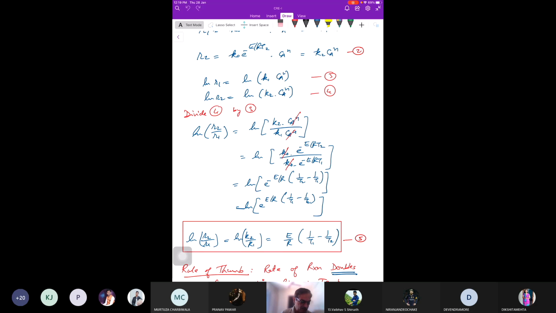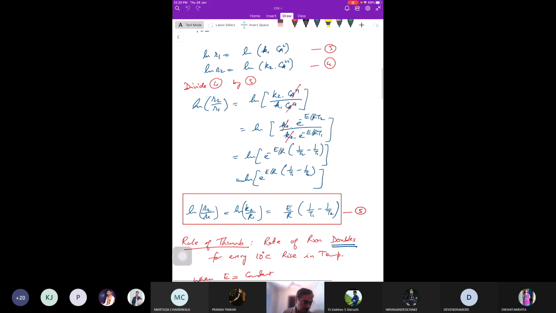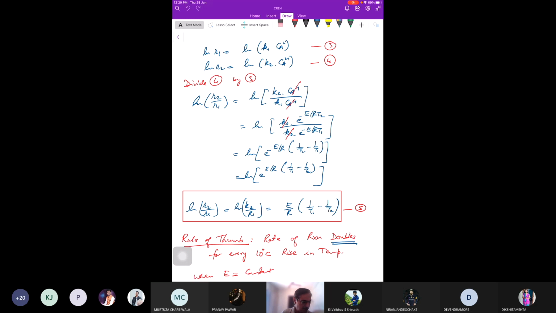Now we can take the minus sign inside. We get ln of e raised to the power of E by R bracket 1 upon T1 minus 1 upon T2. This we can write as ln of R2 by R1, ln of k2 by k1 equal to E by R bracket 1 upon T1 minus 1 upon T2.